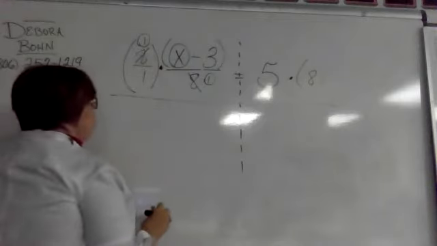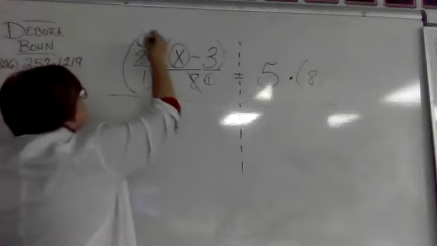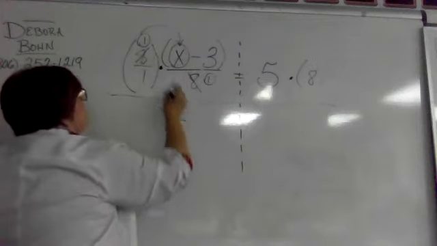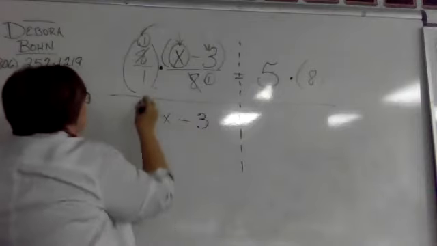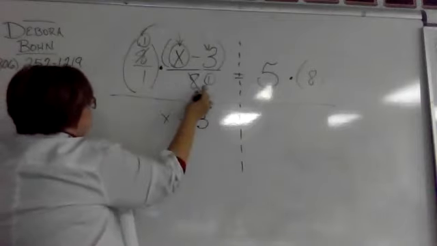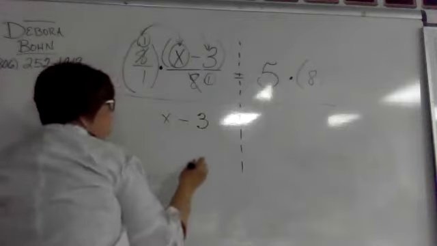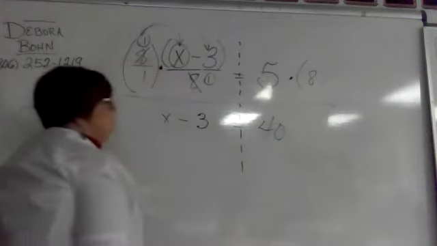When we get to the ones, we can just multiply straight across. 1 times x is x, minus 1 times 3 is 3, all over 1 times 1. I'm not going to put the 1 on the bottom. Equals 40. Yay!